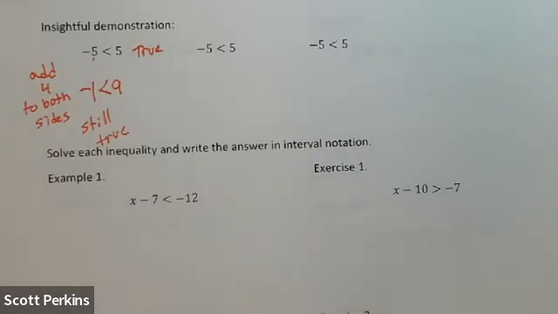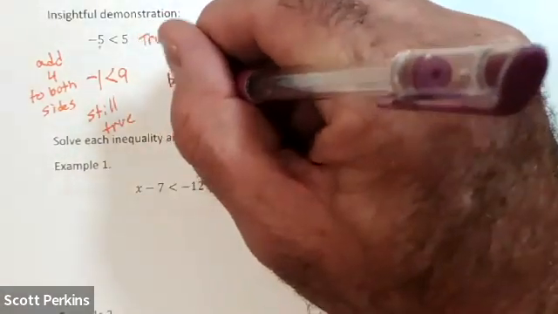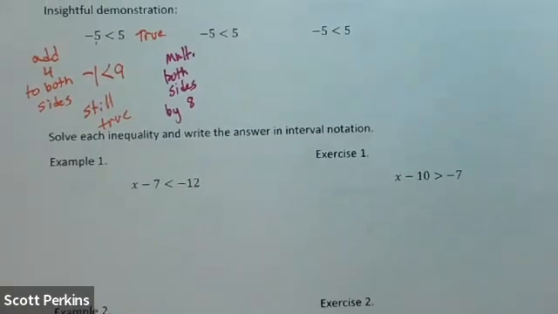Okay, well, here's what we're going to do next. The next one, I'm going to multiply both sides by 8. Now remember, multiplying and dividing, same thing. So I'm multiplying by a +8. It could be dividing by a positive number. It doesn't matter. It's going to be the same conclusion.